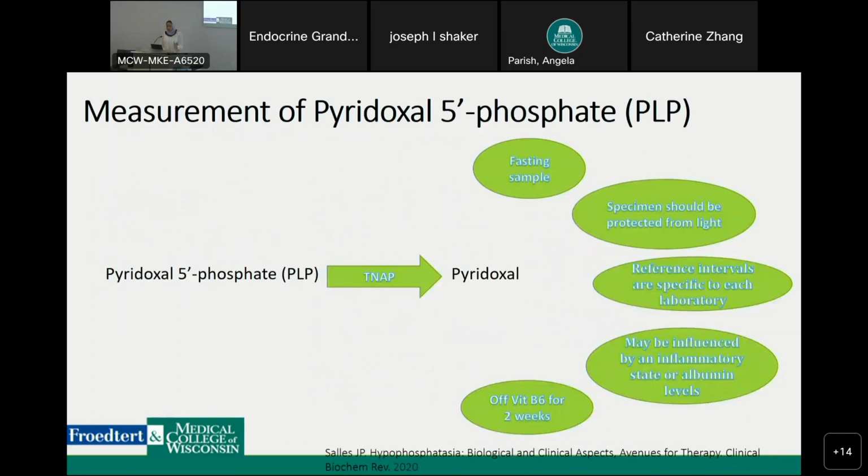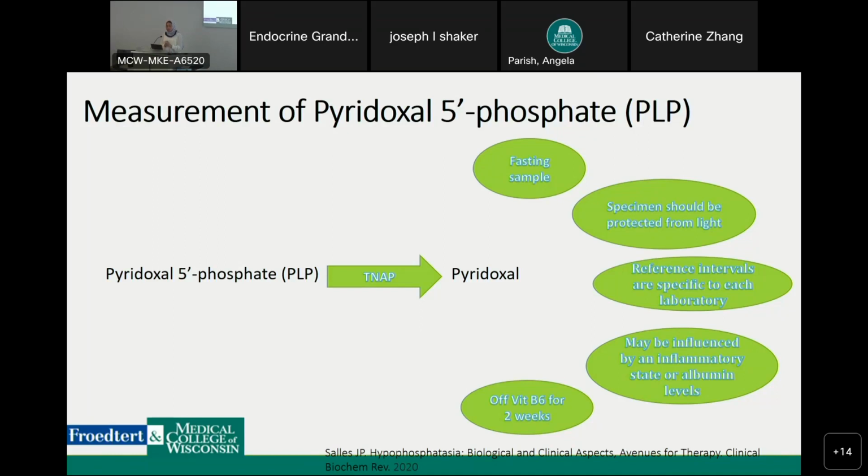The next diagnostic modality that we have is measurement of pyridoxal 5-phosphate. Unfortunately, we don't have this done at our lab, and it's usually a send-out test. Pyridoxal 5-phosphate, again, is one of the substrates of alkaline phosphatase. It's the transportation form of vitamin B6, and it's converted to pyridoxal in order to cross the blood-brain barrier.